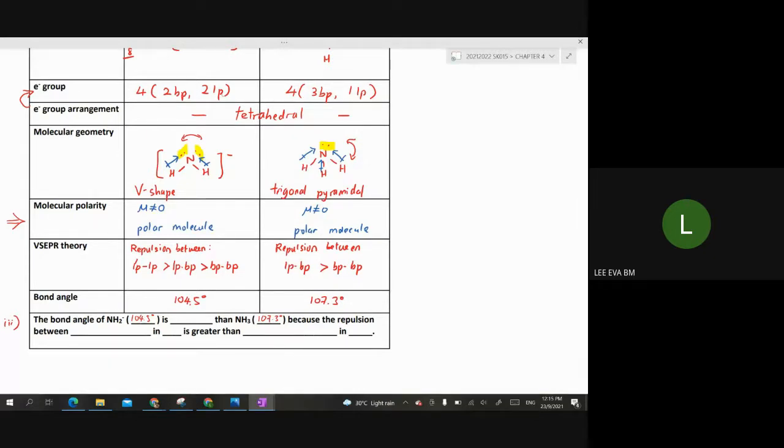Smaller. And this is because of the repulsions between, what do we compare? Compare the obvious one. What is different between these two species? Lone pair.